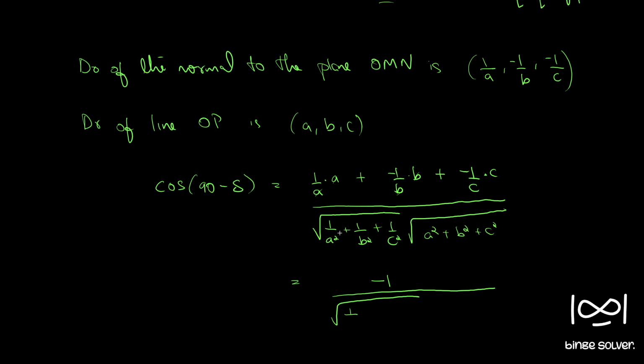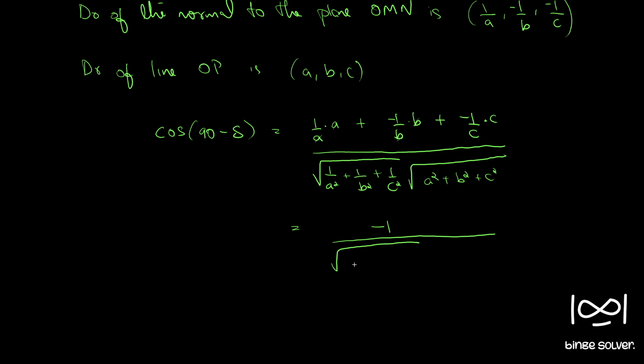We'll take the LCM, which is a square b square c square, so we get b square c square plus a square c square plus a square b square.